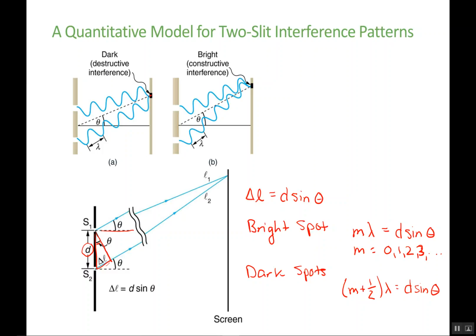Just think that when m equals 0, we have the central bright spot right here. And there's an m equals 1 higher order maximum or bright spot on both sides of that central order maximum. So theta could be above or below the horizontal line in these pictures up here.